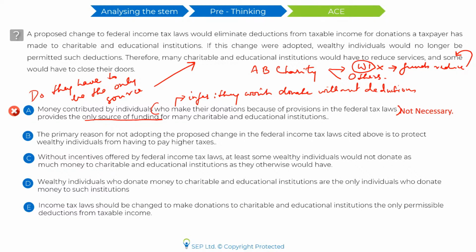Chain reaction. Yes, Nitin, I agree with you. And that is why you need to read carefully so that you are not tricked. Yes, Harshal, we can assume that wealthy people will reduce donating. We can't assume they will stop altogether. They will definitely reduce donating because reduction has to happen for the reduction in the services.